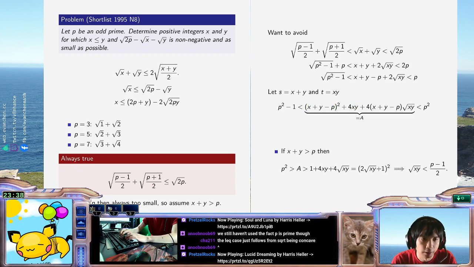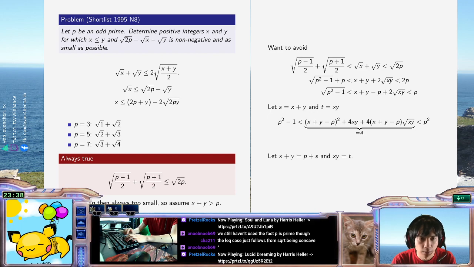So we'll let x plus y equal p plus s, and x times y equal t or something. Then p plus s and t are related somehow.